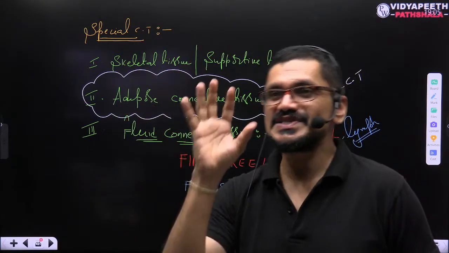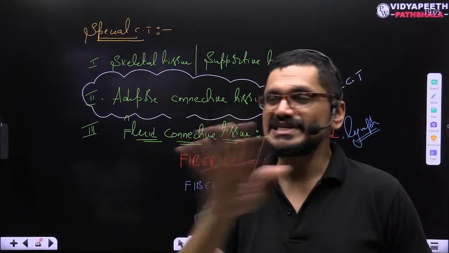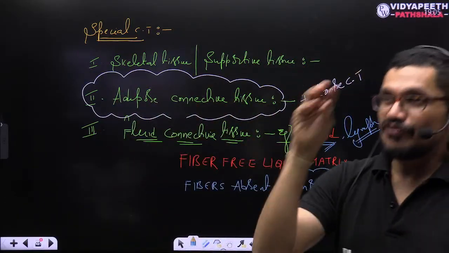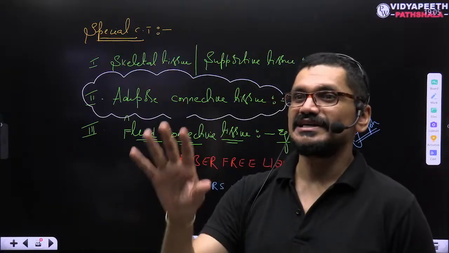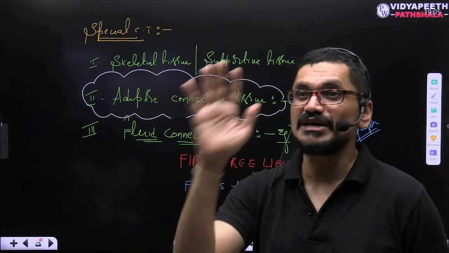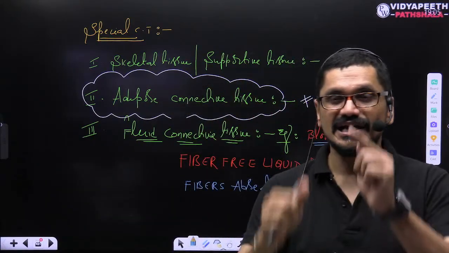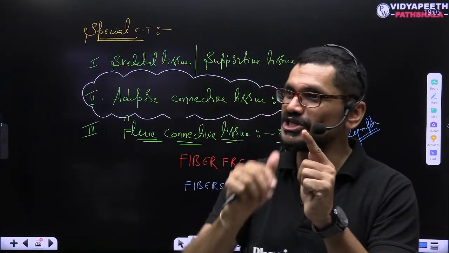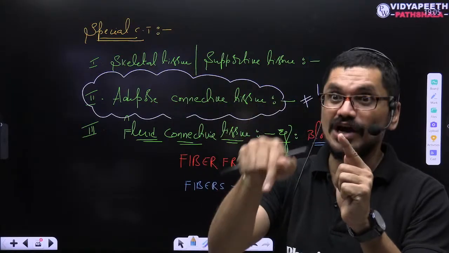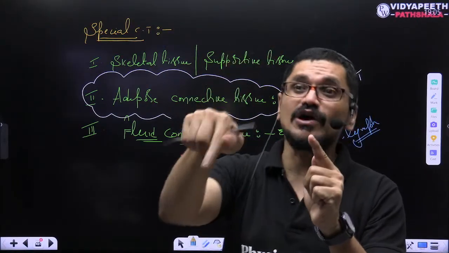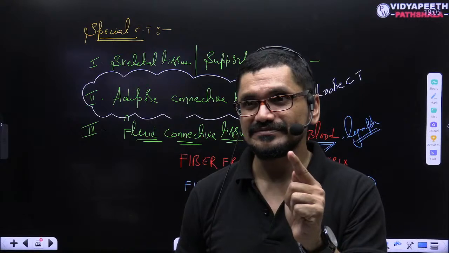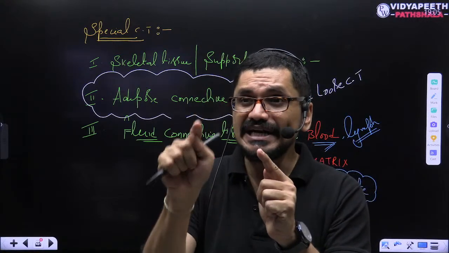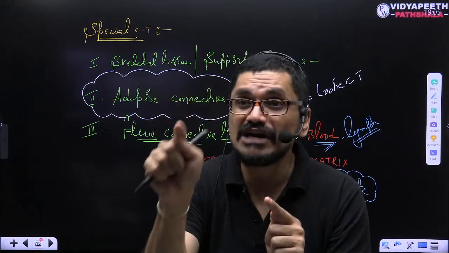Normally inside the blood, fibers are absent. Fibers are present when there is damage in the blood vessel. Whenever there is a small cut in the blood vessel, blood is exposed to the atmosphere, then the blood has to clot. At the time of clotting, fibers are formed.